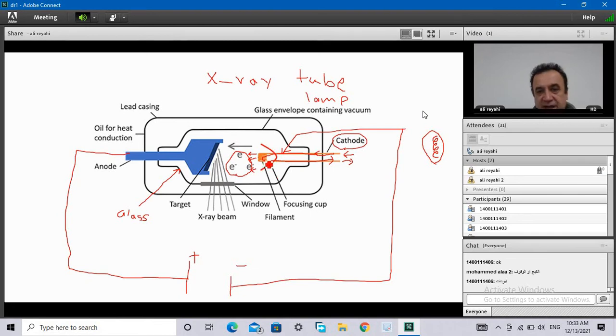If the voltage between cathode and anode, the maximum voltage, is V0, and the charge of the electron moving from cathode to anode is e, so the maximum energy, and also the maximum energy of X-ray that will be produced in the future, will also be this.